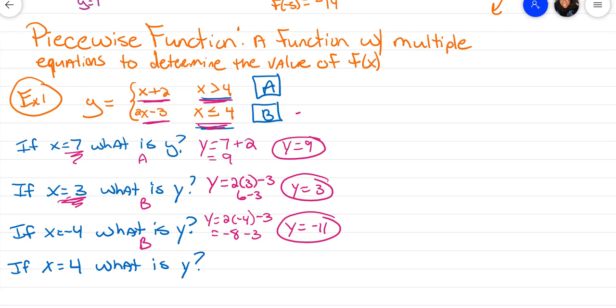And then the last one says if x is equal to 4. Again, I look at the restrictions. This one says greater than 4, and this one says less than or equal to 4. So I'm using the bottom one again. y is equal to 2 times 4 minus 3, so that's 8 minus 3, and for this one I get 5.